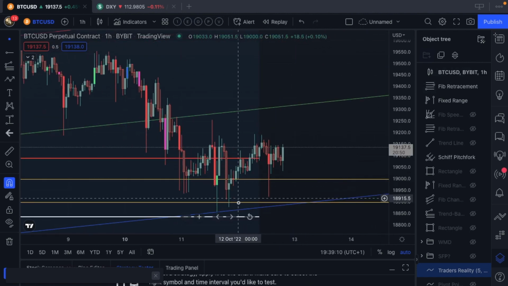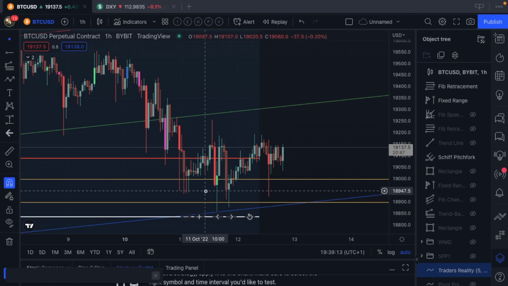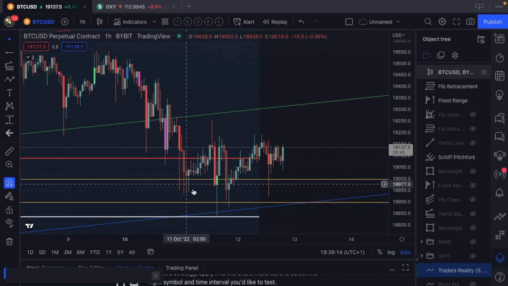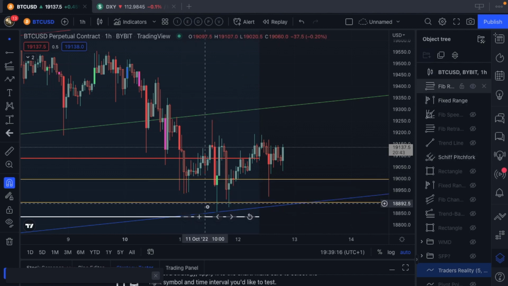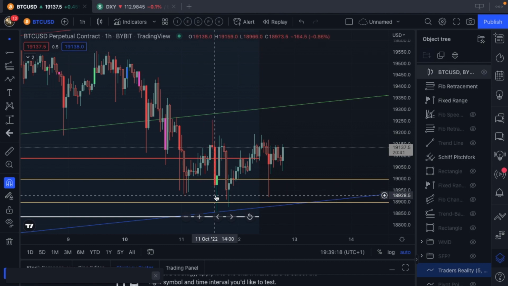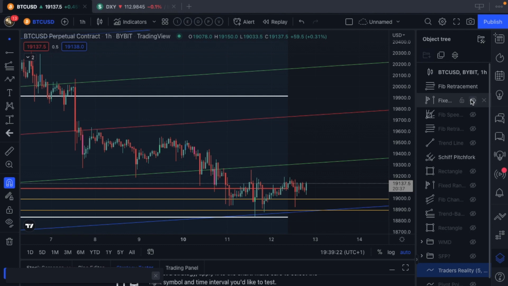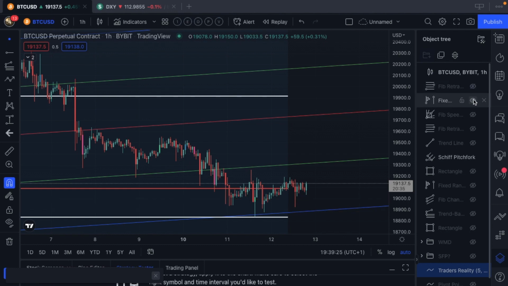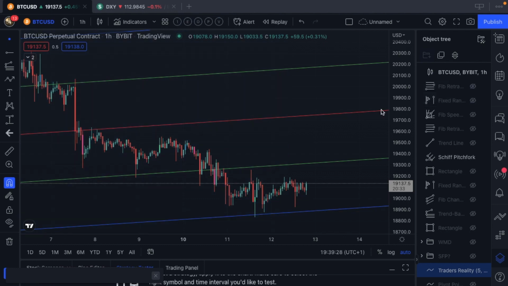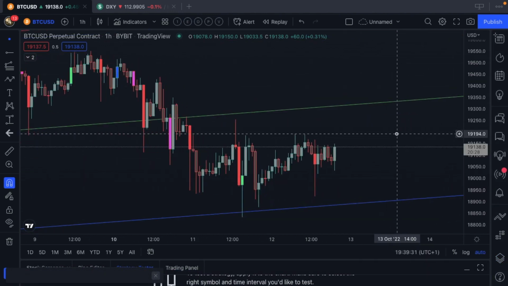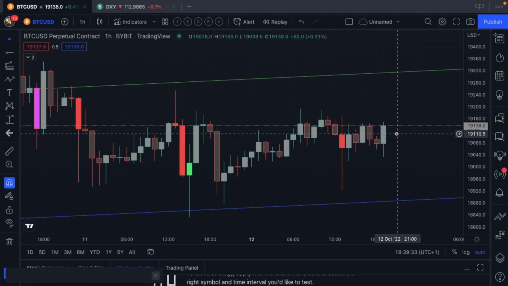So a lot of factors here. There was also a 618 extension inside of this golden pocket, so a very decent strong level and plenty of confluence here.